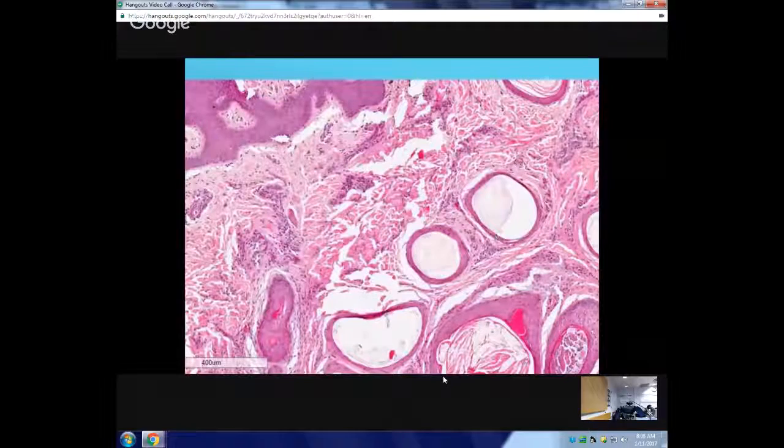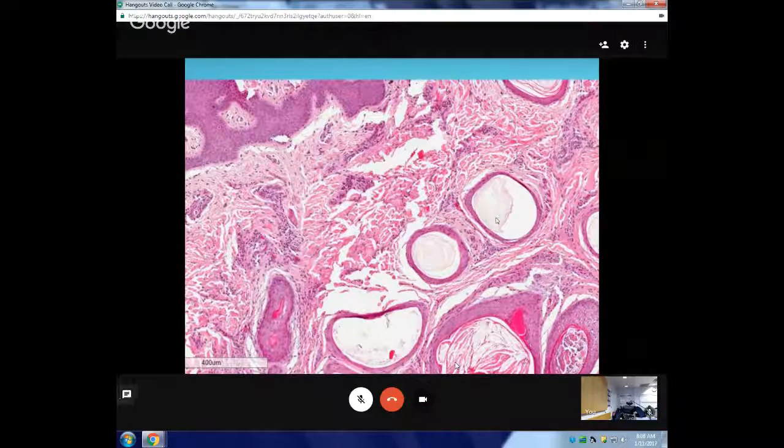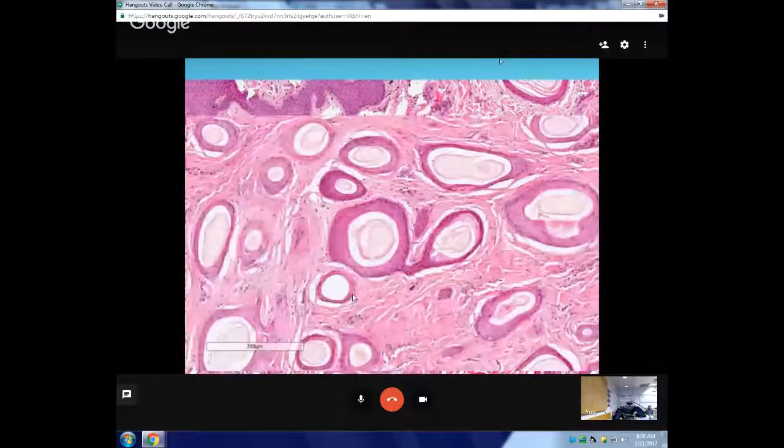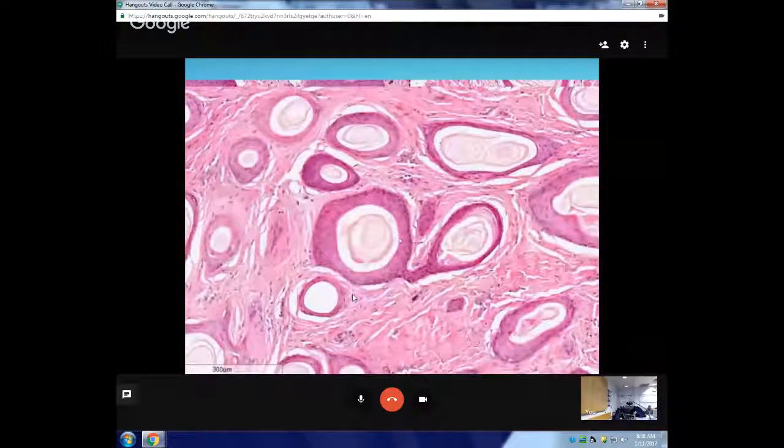So these glandular-like structures are composed of this lining that is very similar to the epidermis. So look at this lining and look at this lining. Very, very similar to the epidermis, and these are actually dilated hair follicles. So these are not glands but dilated hair follicles. And on low power, look, these are dilated hair follicles.